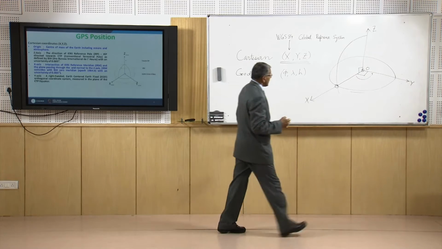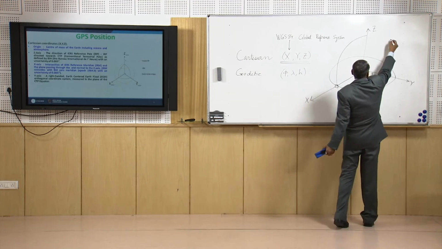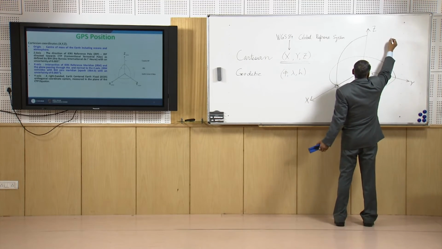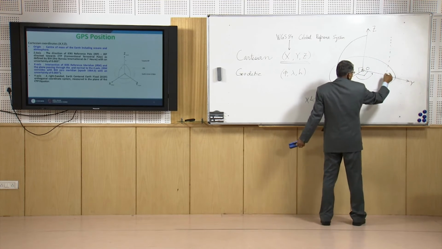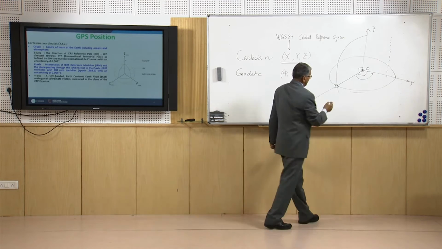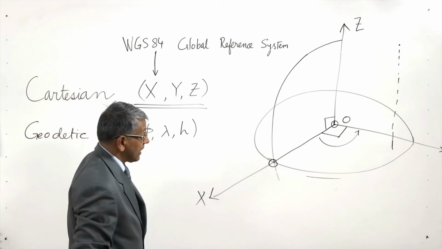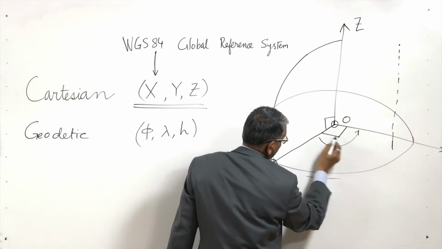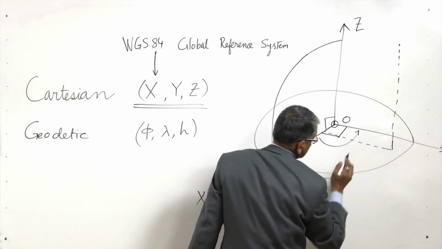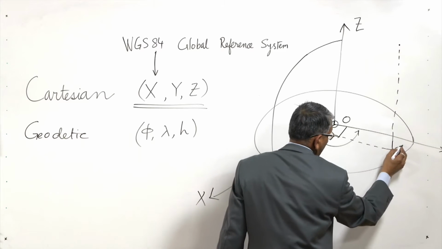Now if we imagine any point on the surface of the earth, it may be given by dropping a line parallel to the z axis, a line parallel to the y axis and a line parallel to the x axis.